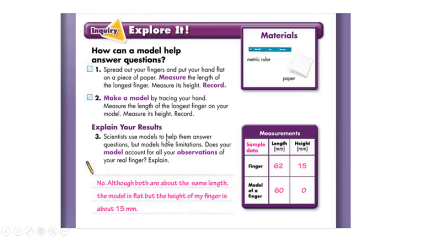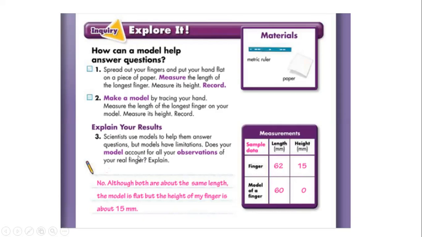Scientists use models to help them answer questions, but models have limitations. Does your model account for all your observations of your real finger? Explain. The measurement is 62, this is sample data, and 60. Here the real height is 15, and when you model your finger on paper, the height is 0.